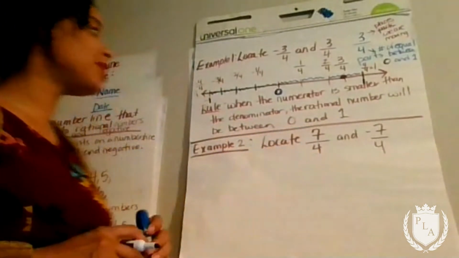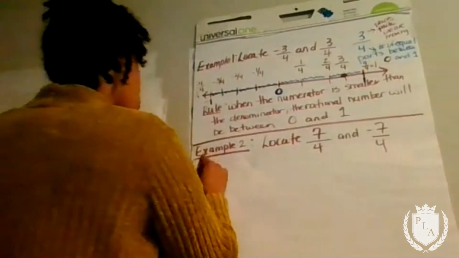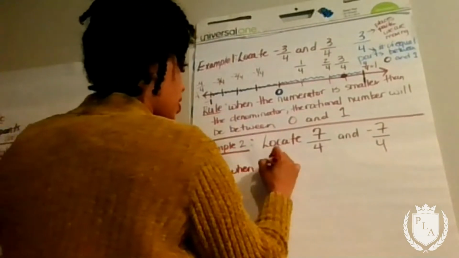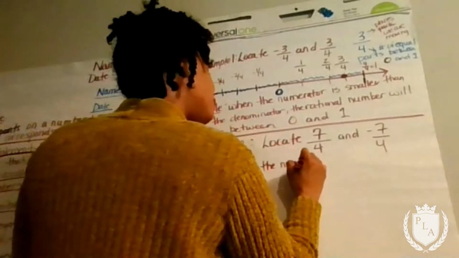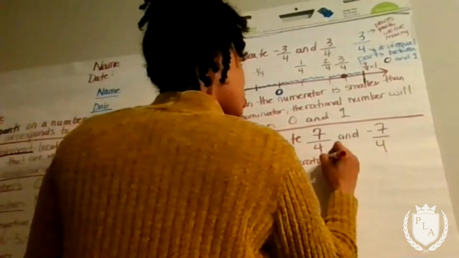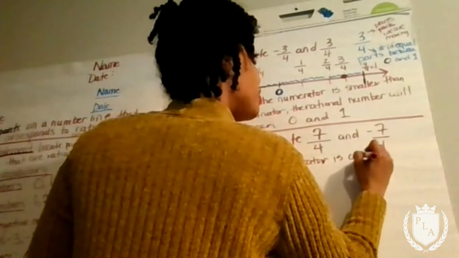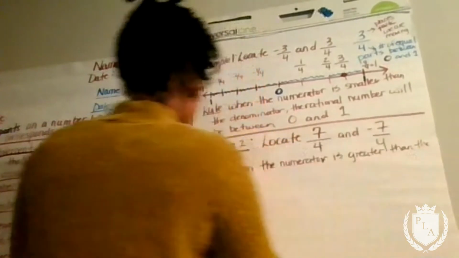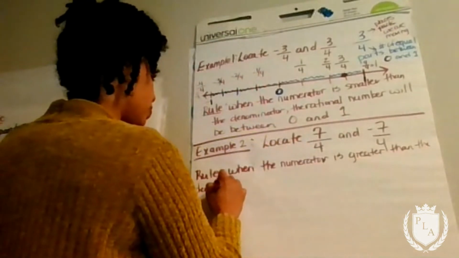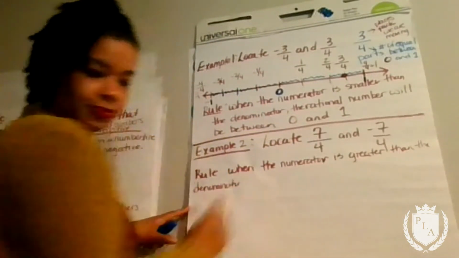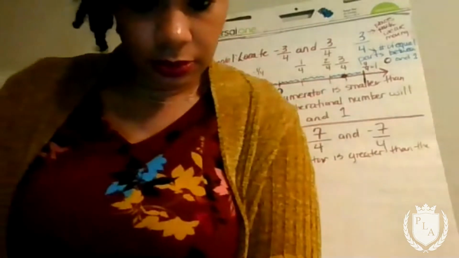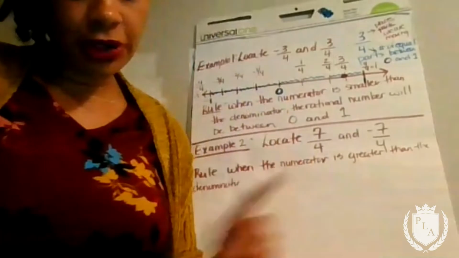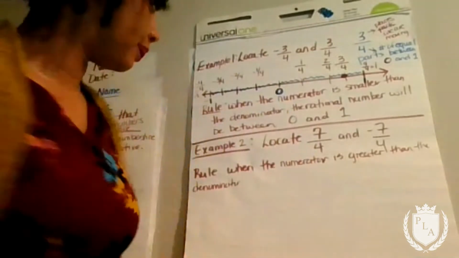greater than the denominator. So we got a rule. When the numerator is greater than the denominator, we have to first convert it to a mixed number.